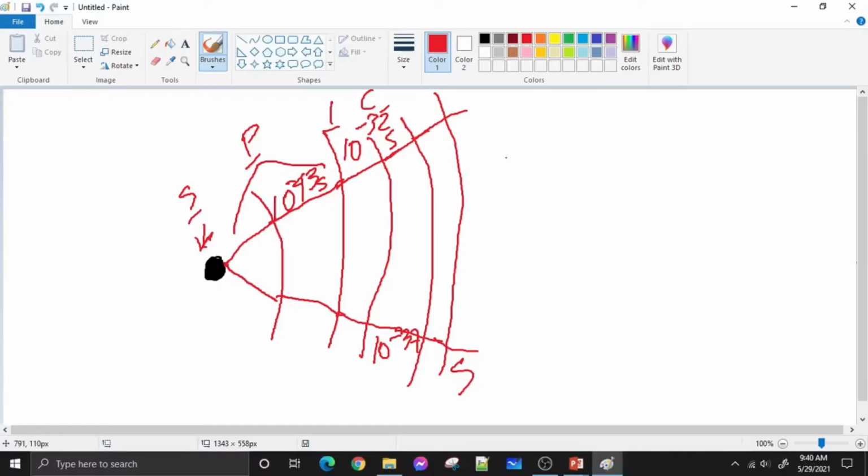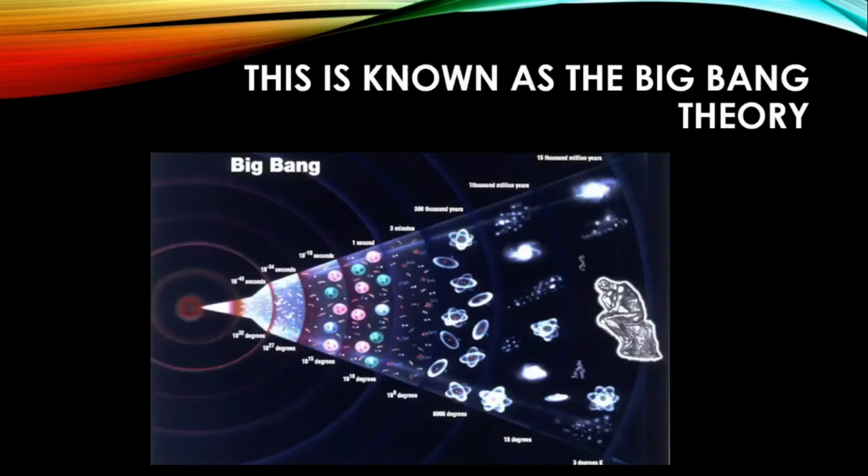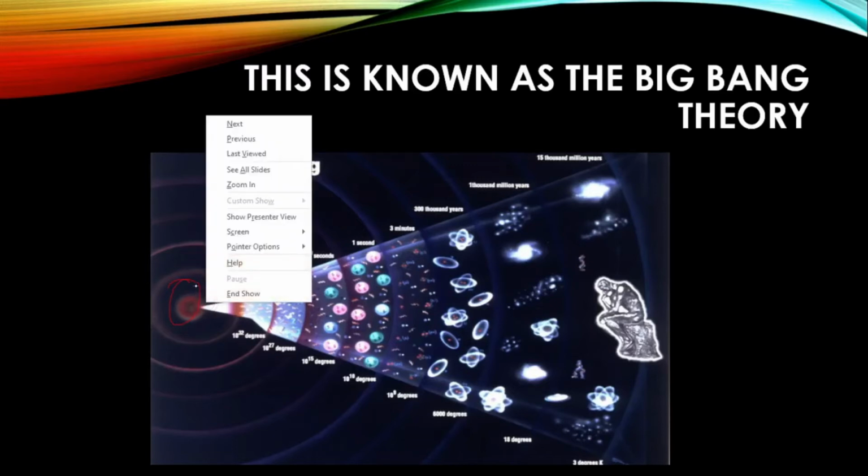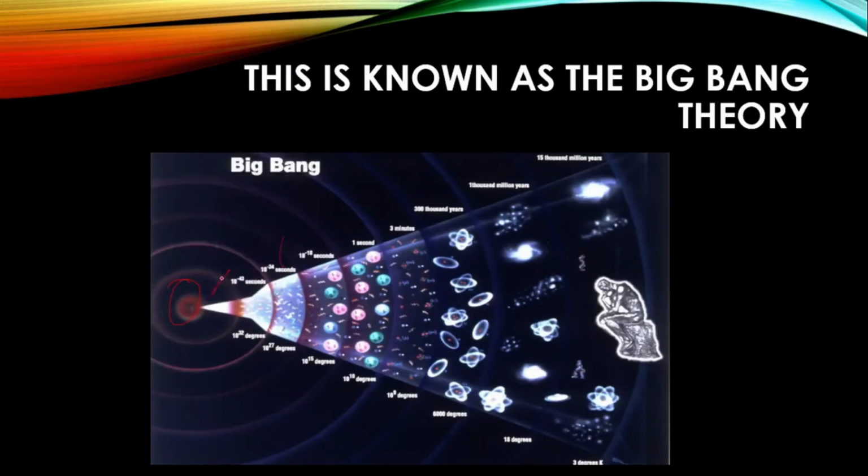So if we go back to the picture I presented a while ago of this Big Bang theory, if you can see here, this is your singularity, and then you have your Planck epoch, from here up to here, then it began to expand.